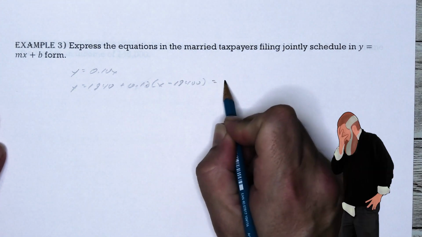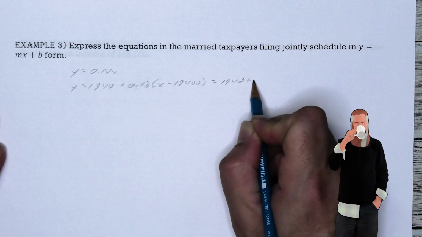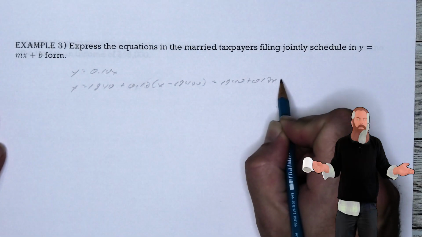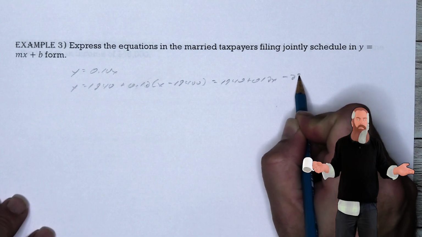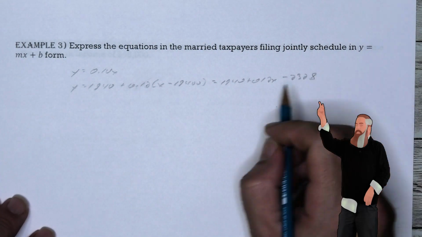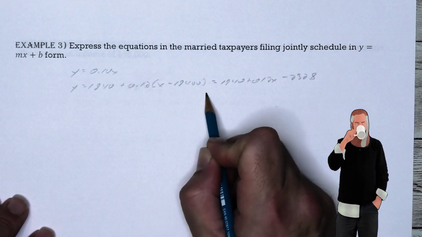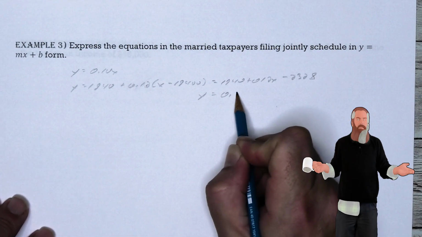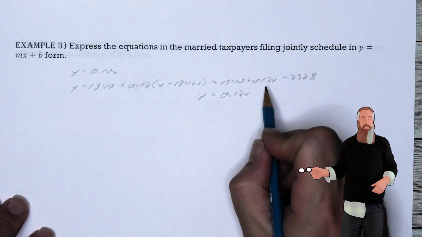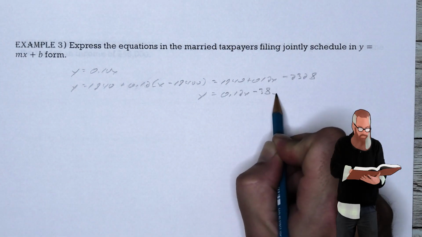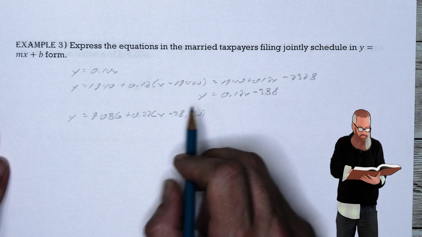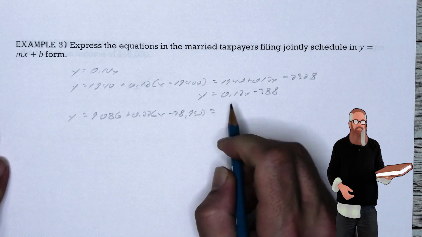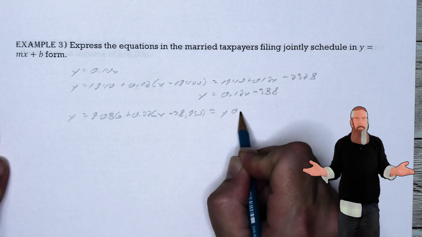This will give us 1940 plus 0.12x minus 2328. Combining like terms, we get that y equals 0.12x minus 388.